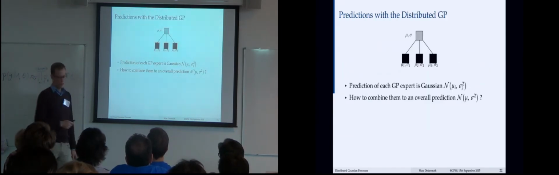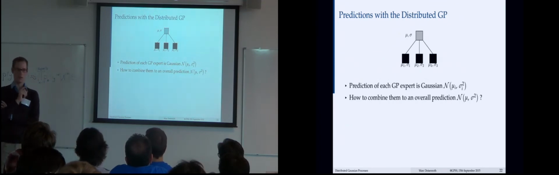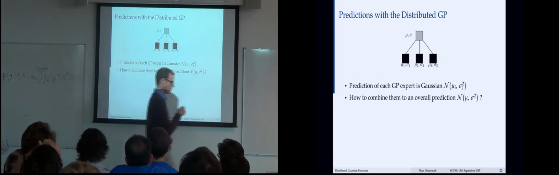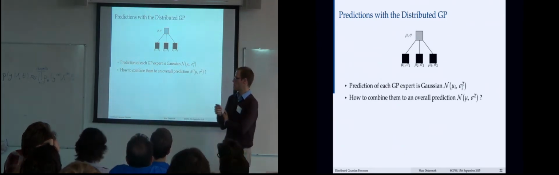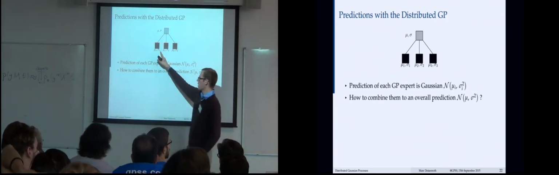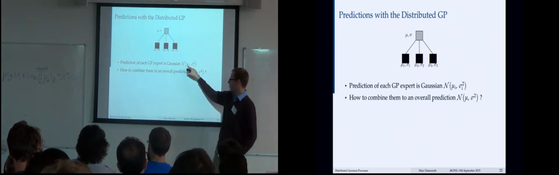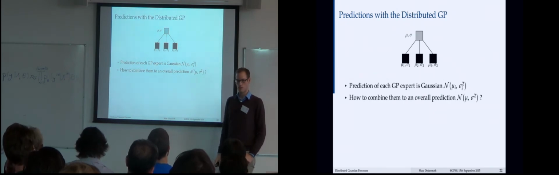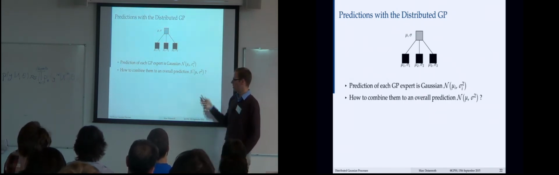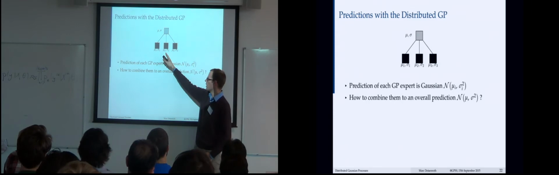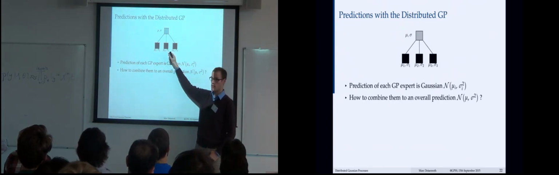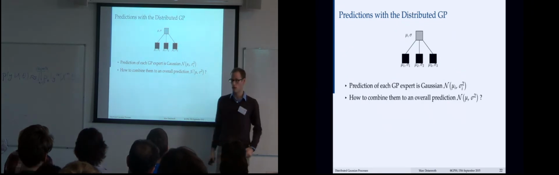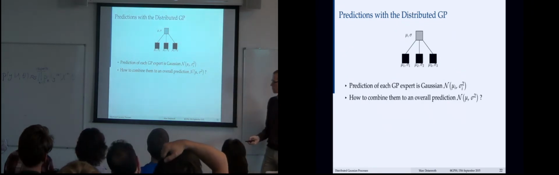Okay, so now that we know how to train this model, the prediction case is a bit more complicated. Because now imagine that every single expert produces a prediction with some mean and some variance. But they're not identical, unfortunately. So there's a question of how we combine these, for example, these 3 means and variances into an overall result of the full model.